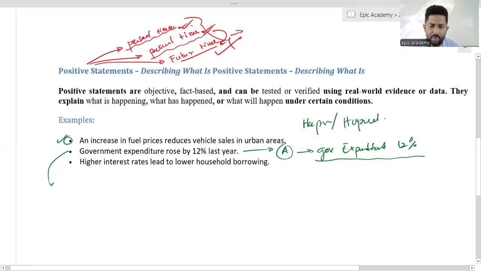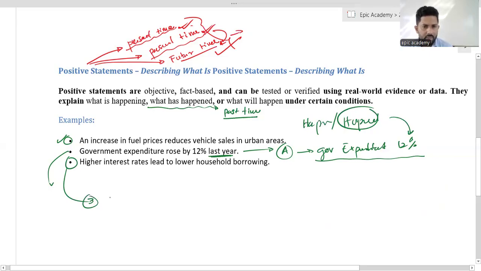What was happened? It is below what was happened. Is it because it is last year? So here it describes what has happened, I mean a past time period. So it also must belong to the positive statement. Okay, one of the clear examples to describe the nature of the positive statement.